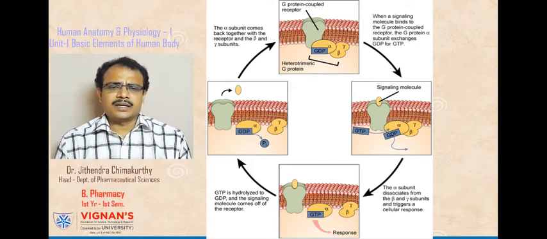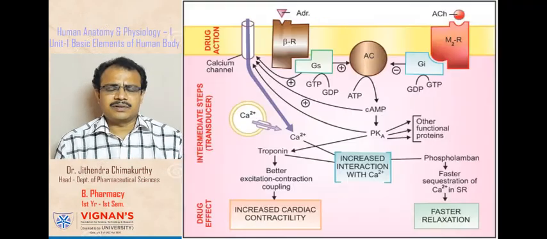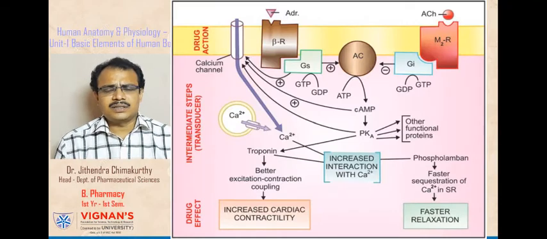This G protein that is bound intracellularly is bound to GTP, that is guanosine triphosphate, and it is bound to an alpha, beta and gamma trimer, and whenever this is activated, the GTP is replaced with GDP by hydrolysis, and this GDP alpha subunit will mediate the receptor signaled action within the cell.